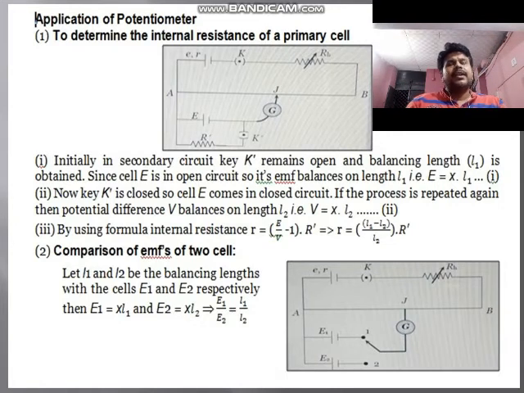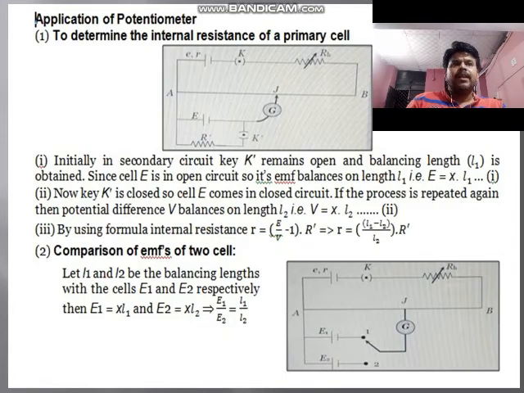But there is a little change in secondary part. In the secondary circuit, EMF E along with a galvanometer and a jockey is connected, and also a resistance R prime along with a key K prime is attached.